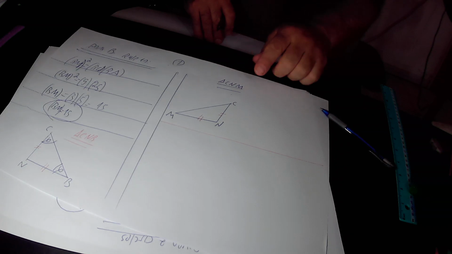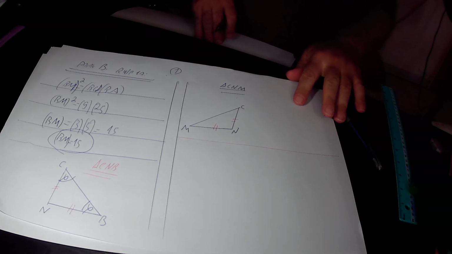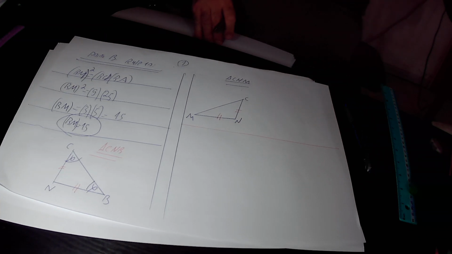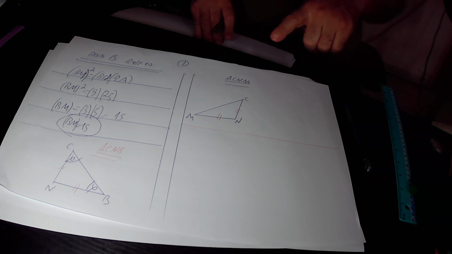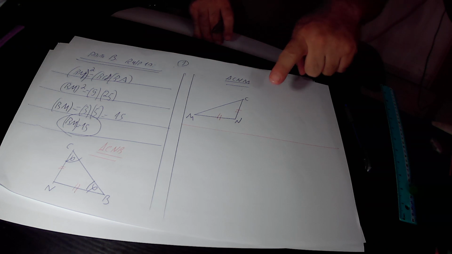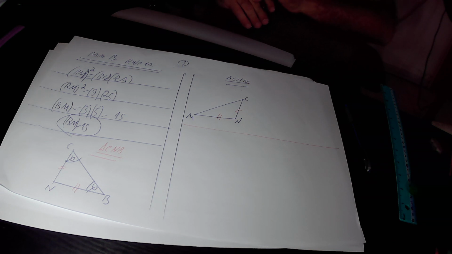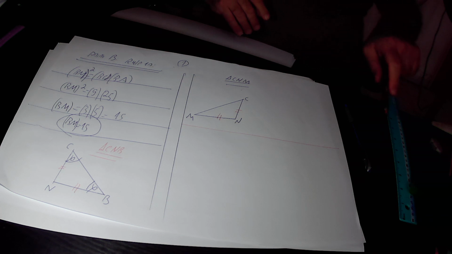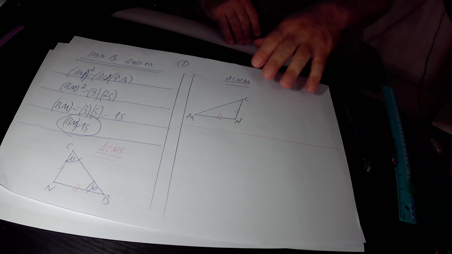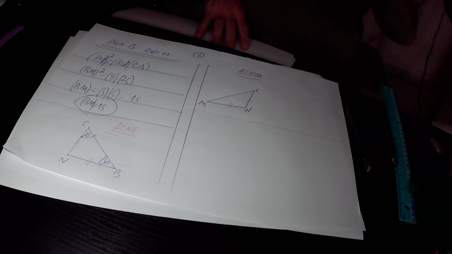So actually, this is triangle CNM that I copied from the original drawing. In this triangle CNM, side CN equals side NM according to rule 2. And according to the same rule that I mentioned, the rule states that in front of equal sides in the triangle there are equal angles.